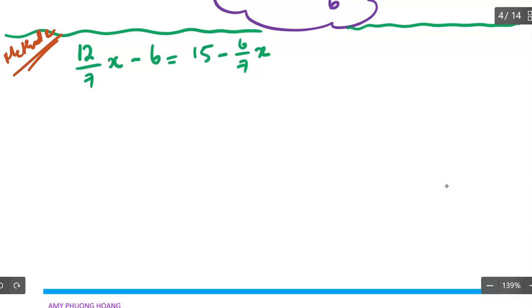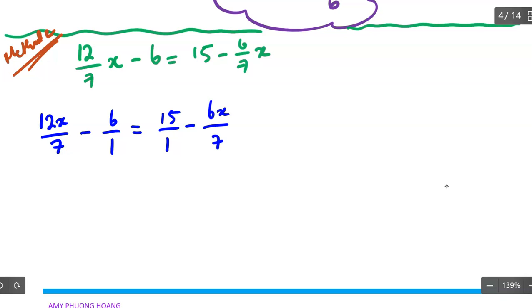So it's the same thing as this. I will write this over 1 because I am going to start with the operation of finding the lowest common denominator right away.